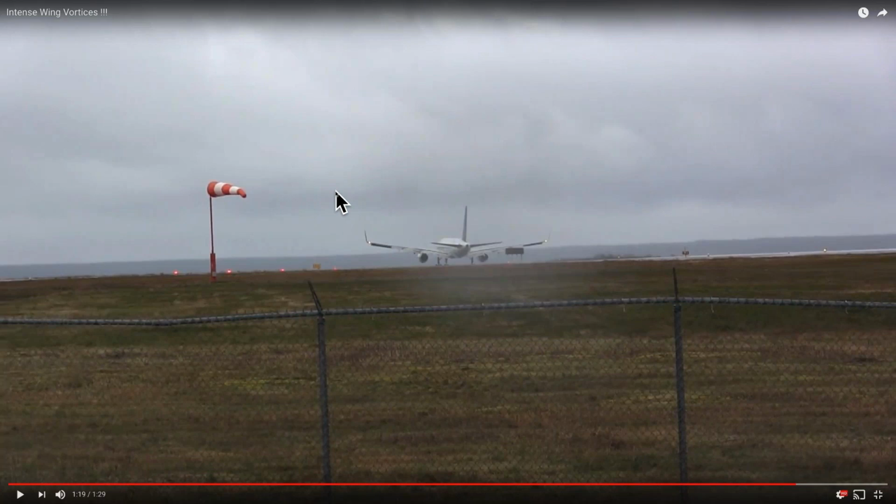So when you're a smaller airplane, you really pay attention to that, and to where that jet touched down, because you want to come in higher and land longer than the aircraft in front of you. Once you get onto the ground, they dissipate pretty quickly. But for miles, they leave this washing machine of air.